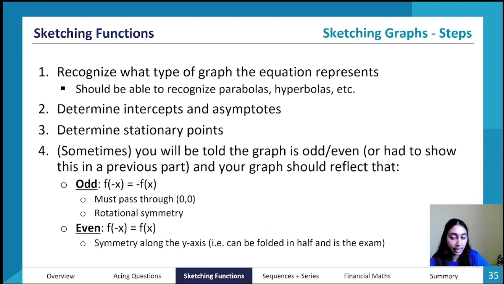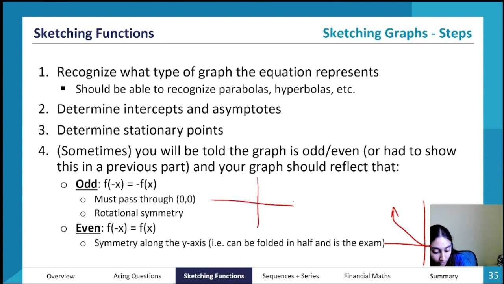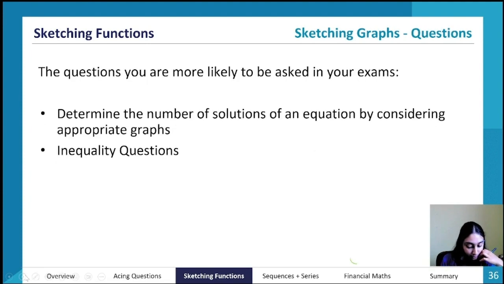So even has an axis of symmetry about the y-axis. So think of like a parabola. Pretend it looks pretty. And then odd has rotational symmetry about the origin. And it must pass the origin as well.